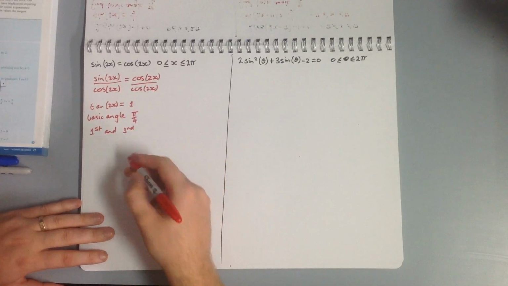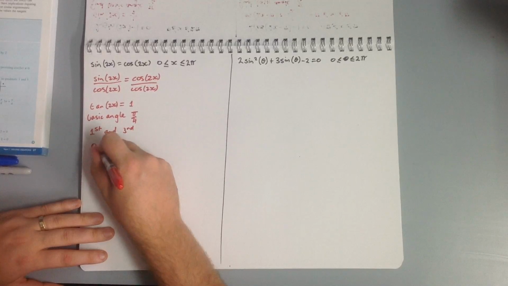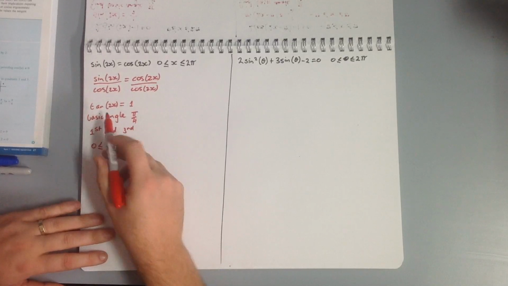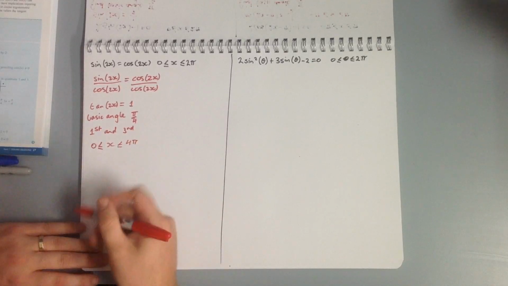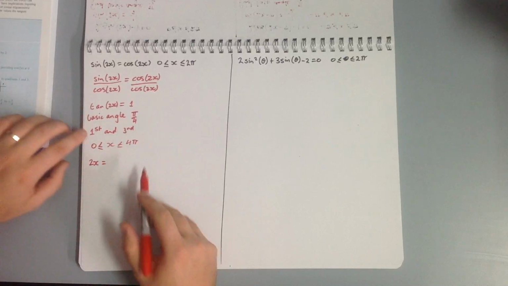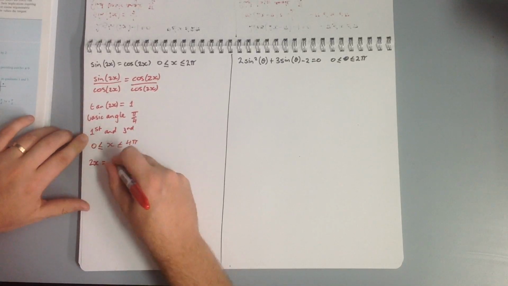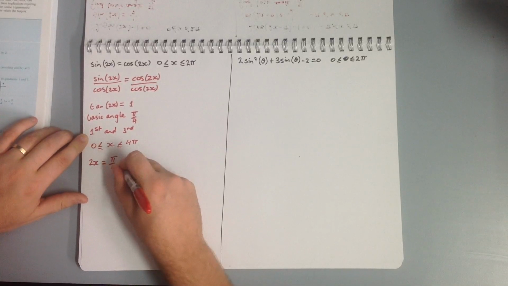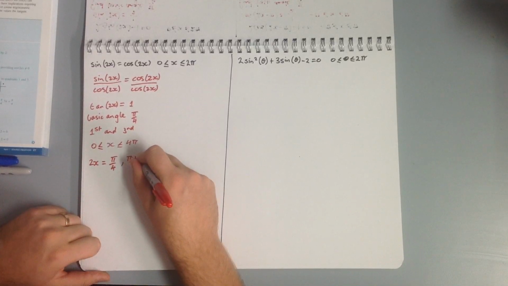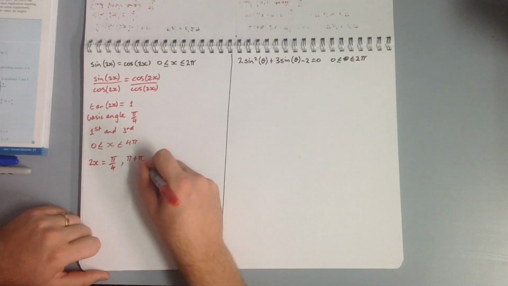We need to multiply out our domain, so our domain becomes 0 is less than x is less than 4 pi because we have 2 in there. So now we can say our 2x is going to equal our basic angle because we're positive in the first. In the third, it's pi plus pi on 4.